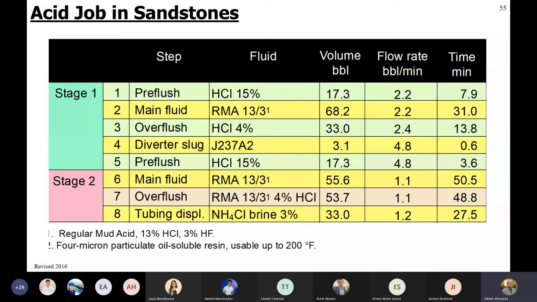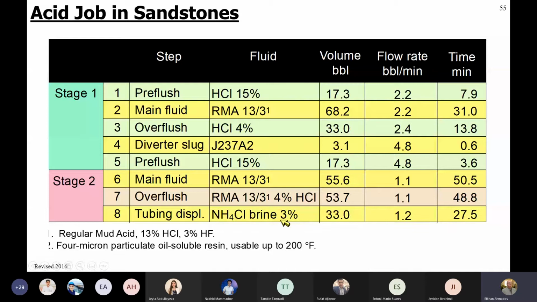So when we flow back this fluid, it will not precipitate; it will be flowed back to the surface, cleaning the wellbore area. Before we move to the next stage, we inject the diverter slug, and this diverter will plug the zones that we have already cleaned. Then again pre-flush for this new zone, main fluid for this new zone, overflush again, and a tubing displacement.